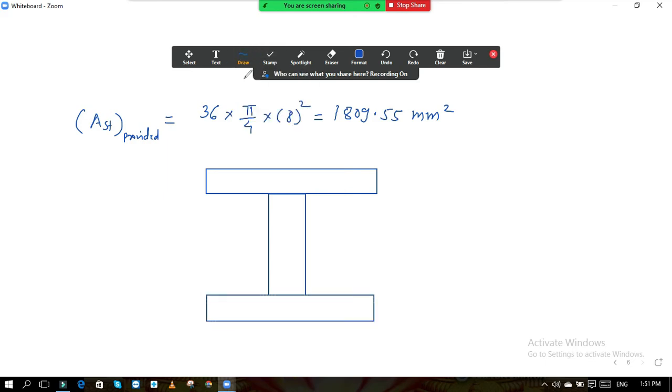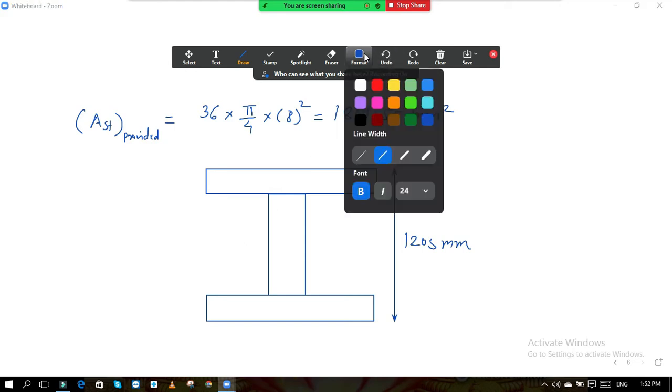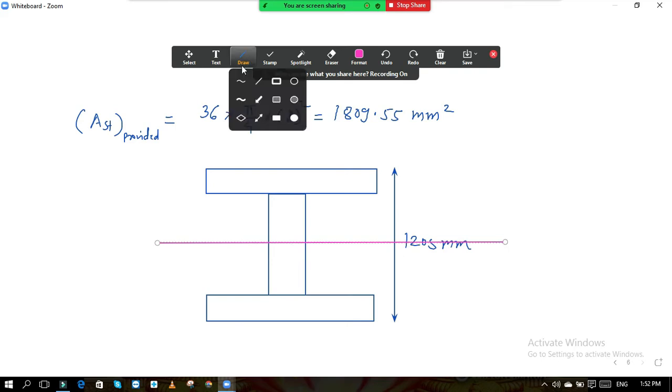So now, see, this total is 1205 mm. So the neutral axis will be at the center. So the neutral axis will be somewhere here. This is your neutral axis.